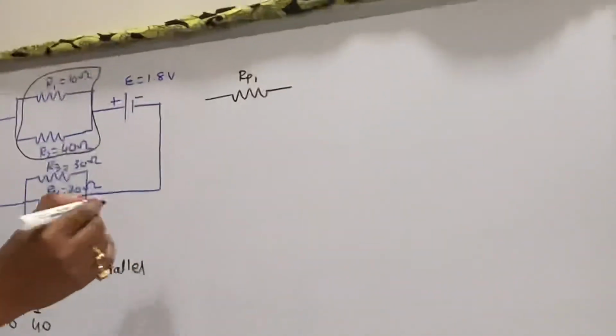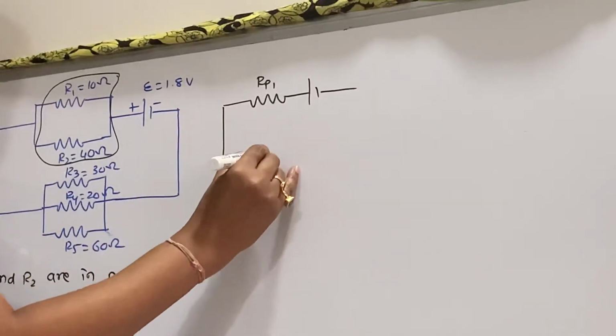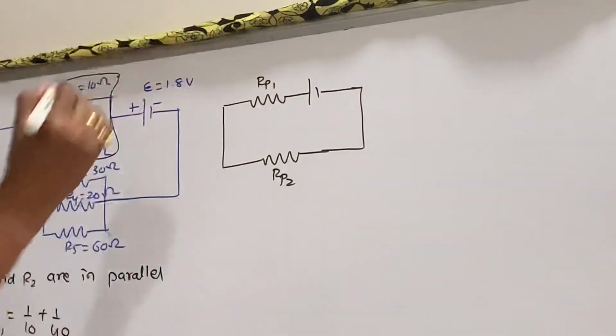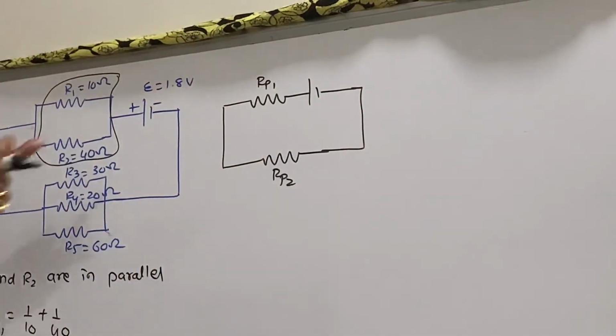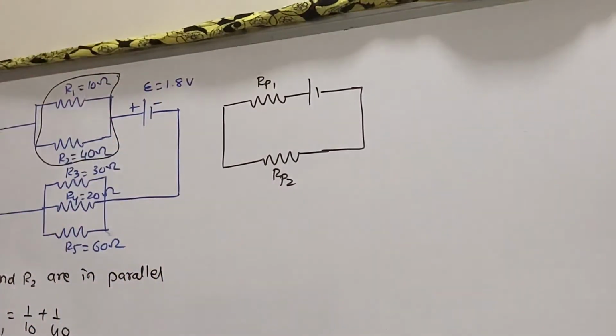Now after this, just check the diagram. This is your RP1. This is your cell. And here is your RP2. Now just tell me how they are connected. They are connected one after another, means they are in series.